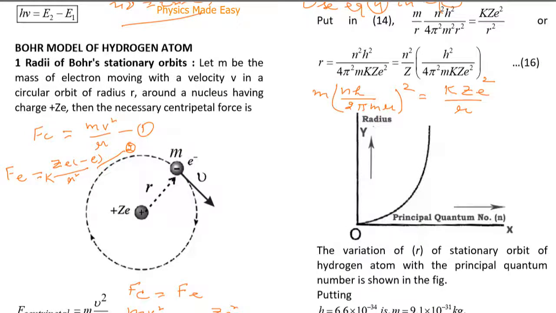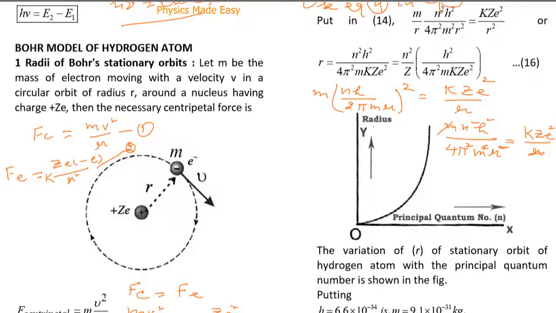So in my next step, I shall be filling the values: m, n square, h square, 4 pi square, m square, r square, K Z e square by r. So this cancels. From here, I shall be getting the value, and this m cancels. From here, I shall be getting the value of r.